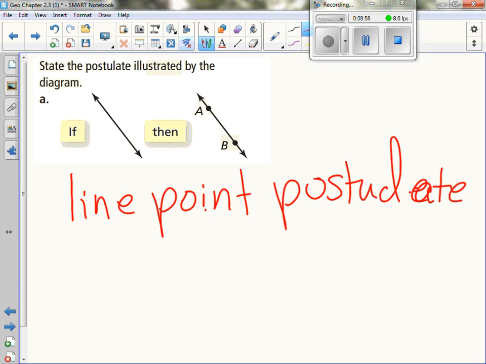So there's a slight difference between those two. One starts with a line and then we have 2 points, line point. One starts with 2 points, then we get a line. Questions on this here? We're just kind of identifying which postulate, yes?